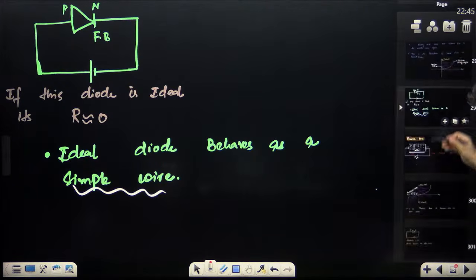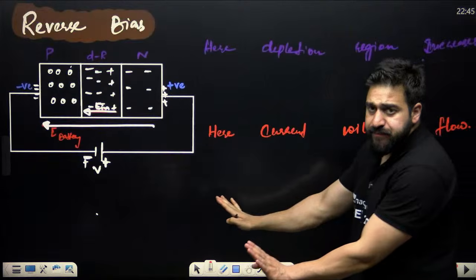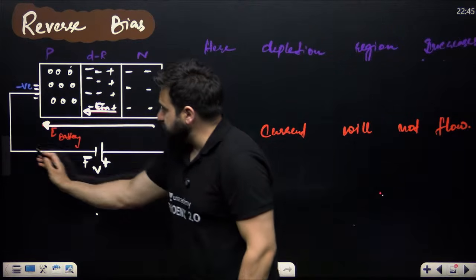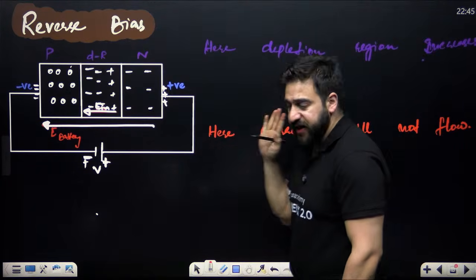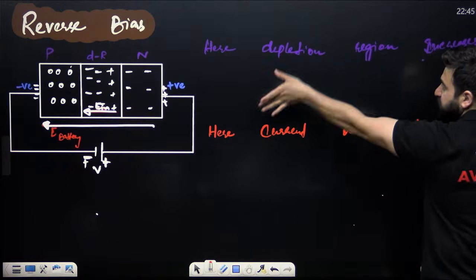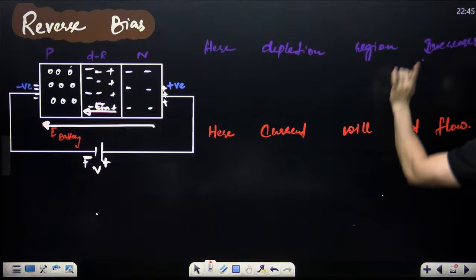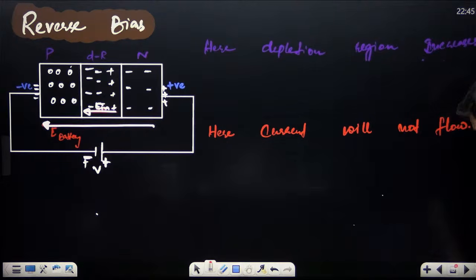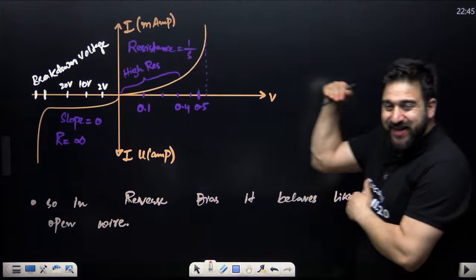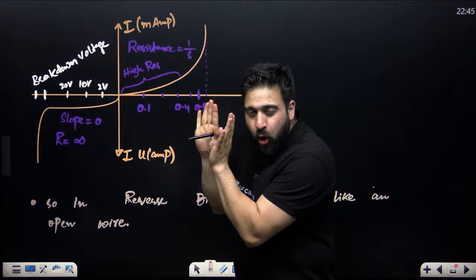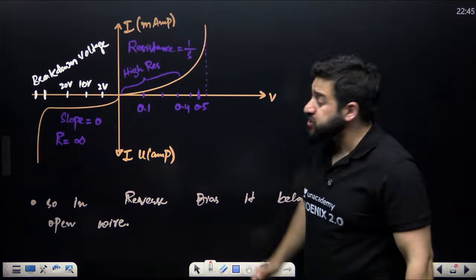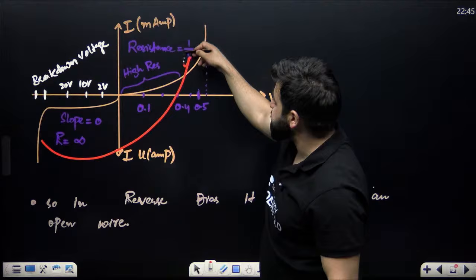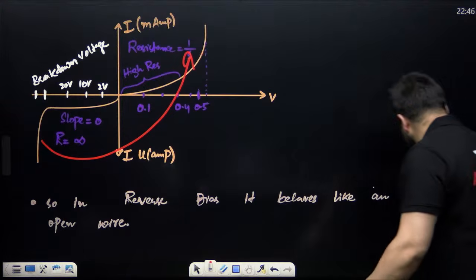In reverse bias, the negative terminal is connected to the P side and the positive terminal, higher potential, to the N side. In this case the depletion region increases, and current will not flow. As you keep on increasing the potential difference, bonds will break after some time, then current will flow in large amounts. Still, this is comparable to zero compared to the current in forward bias.